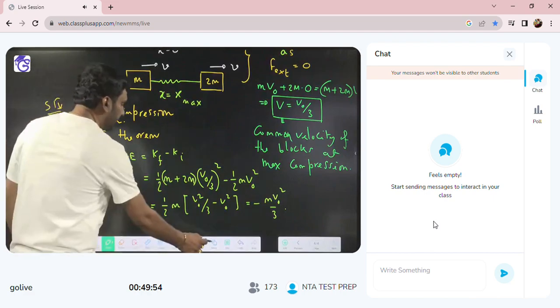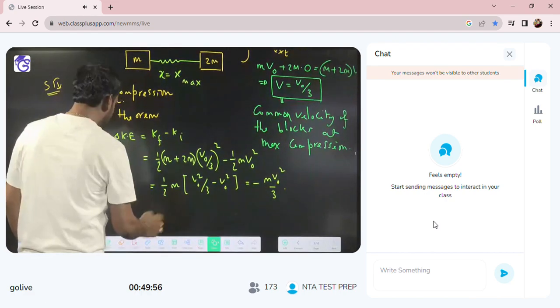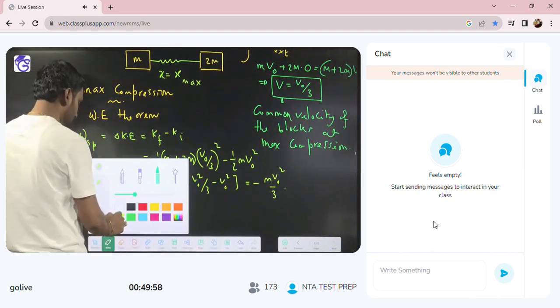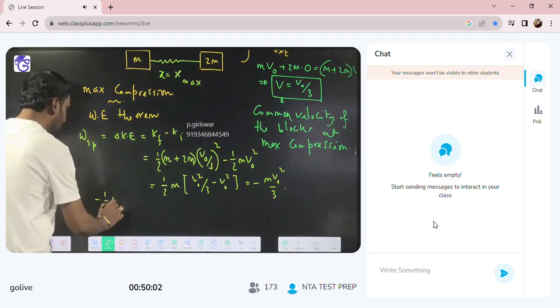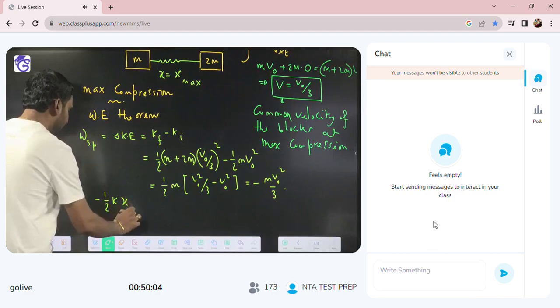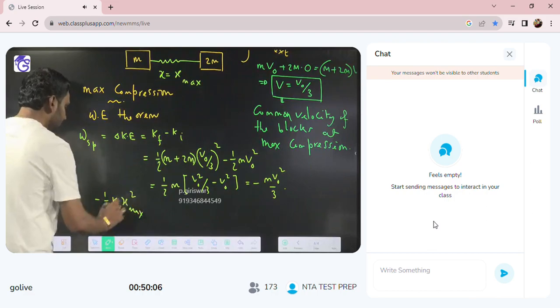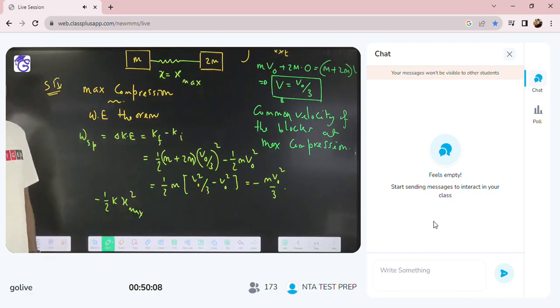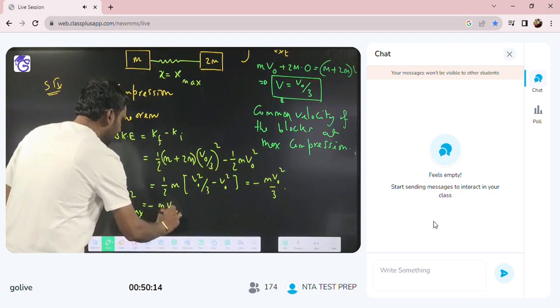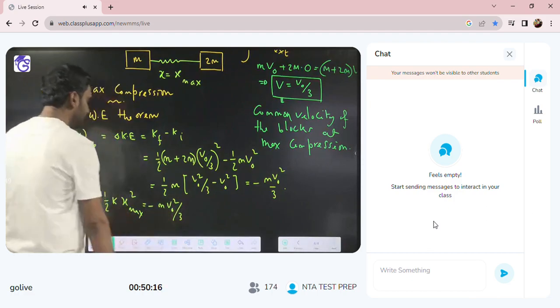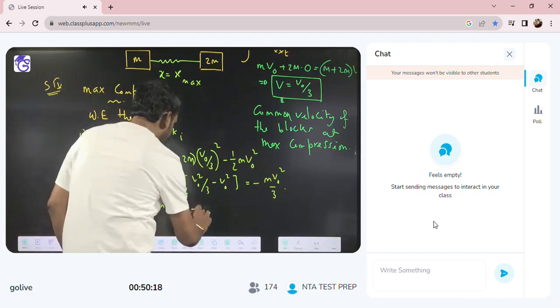So now, my dear friends, can I write minus half k x max square is equal to minus m V0 square by 3. This will give me the answer.